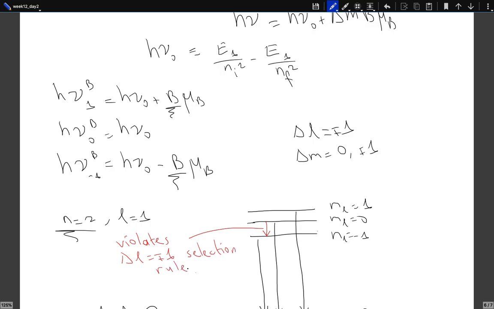Well, it's a nice question. If we didn't have that selection rule, then this model predicts that there should be such a transition. And you can just go ahead and calculate what should be the wavelength and look for that emission or absorption line. And if you don't see it, then your model is in trouble.